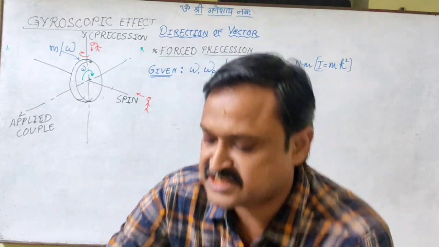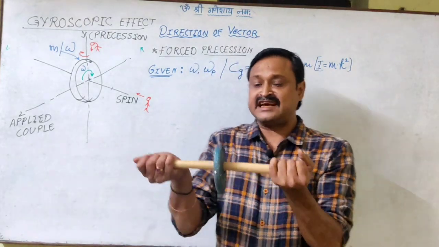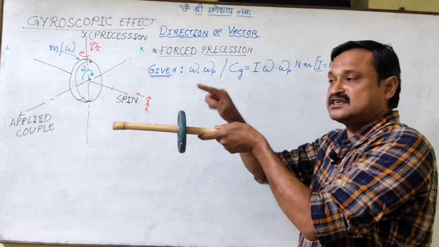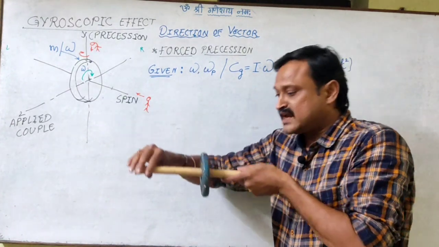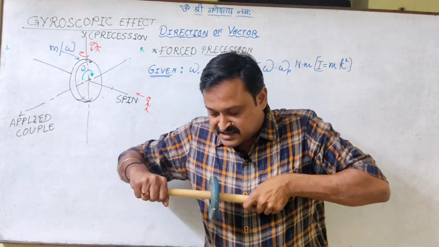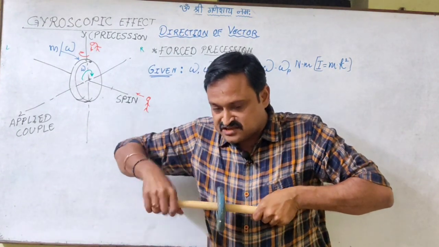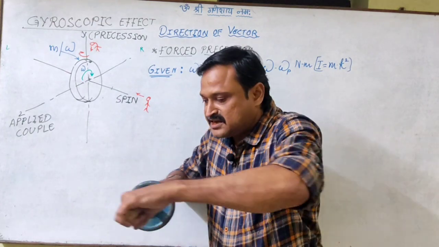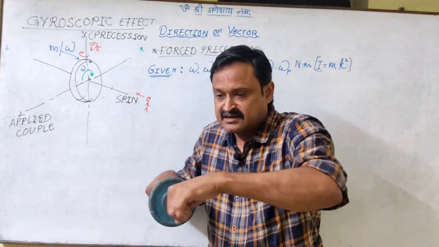So again, I can replicate the situation like this. I am standing to its right and I see that the disc is rotating clockwise. And when I look at it from the top, clockwise will be this, that means moving to the right. So the entire system is turning in this fashion, right?